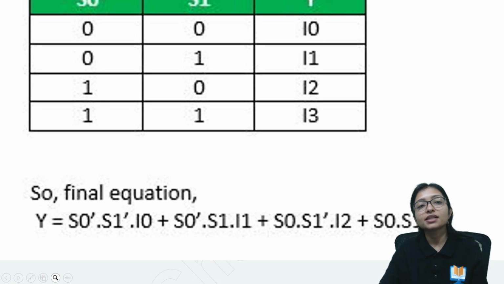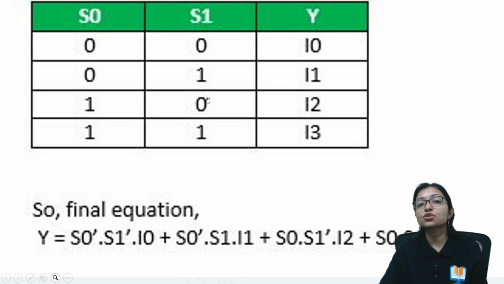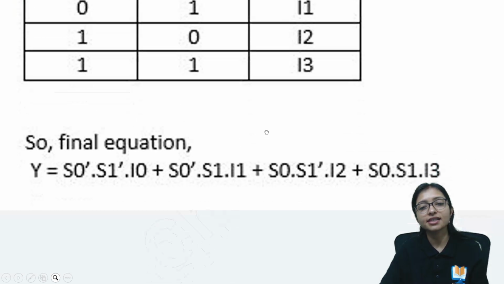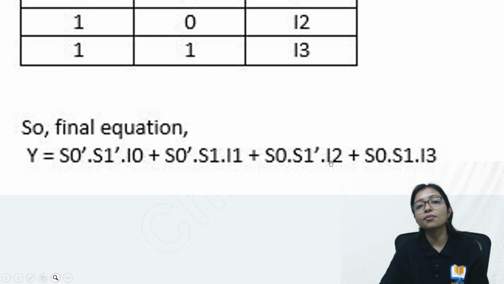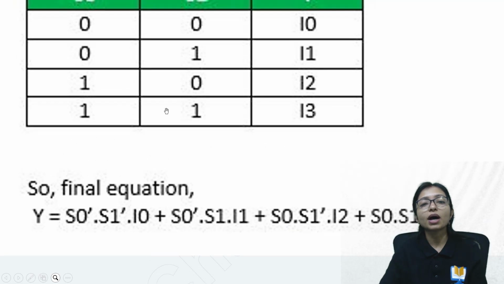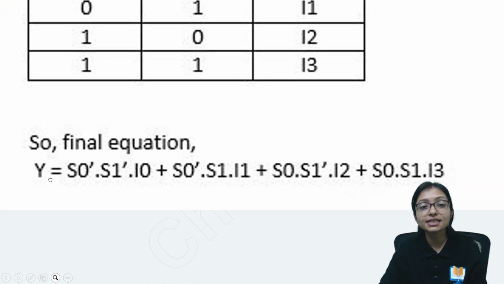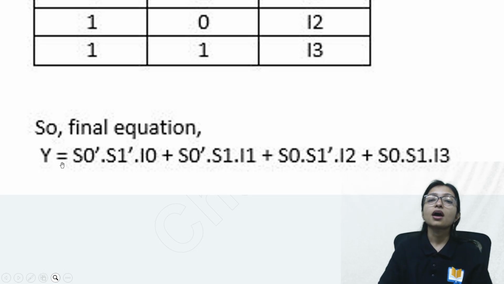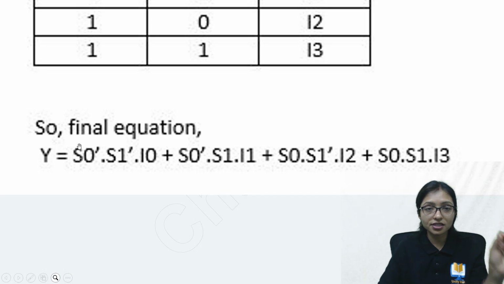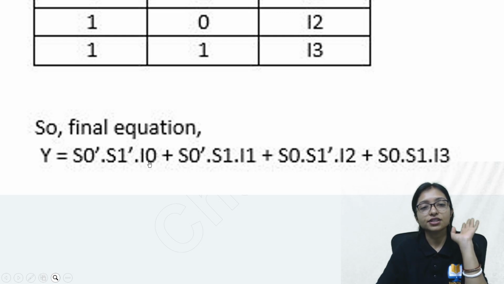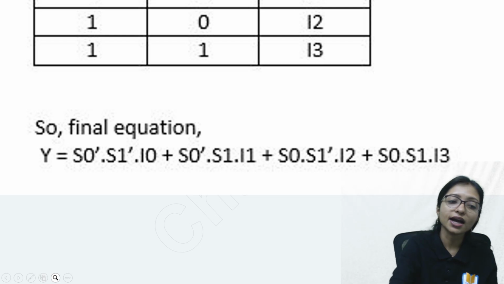Then 1 0 means S0 but S1 bar, I2. 1 means direct and 0 means complement. Then 1 1 means both direct, S1 S0, I3. You have to remember how the equation is coming: when 0, then complement; when 1, then direct. This is the way we are getting the final equation.